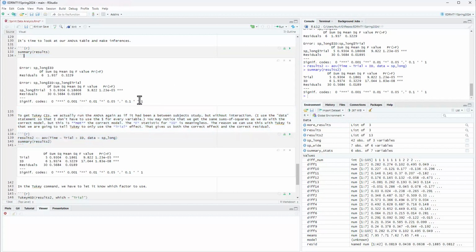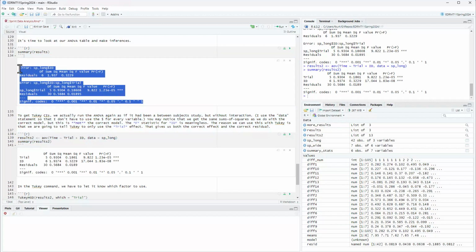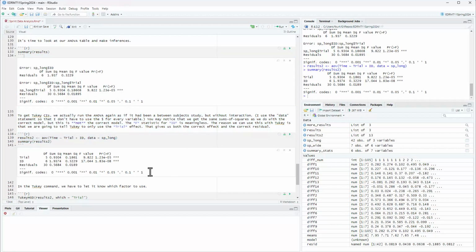So this ANOVA table up here is actually the correct ANOVA table. This is not really correct. I'm just fooling R to help me create my confidence intervals. Why is this not correct? This is treating trial and ID as if they're both between subjects factors, and we know that's not true.